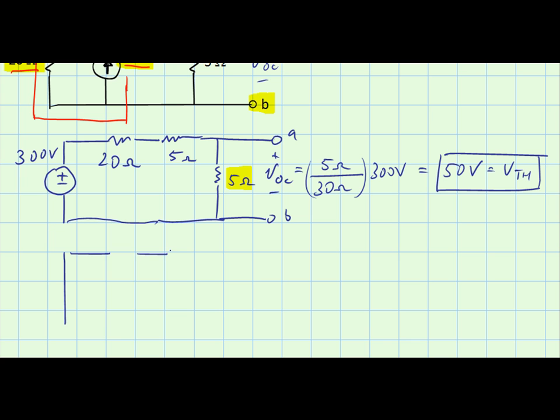Leave all the resistors in. And so we're left with a 20 ohm resistor in series with a 5 ohm resistor. And that combination is in parallel with another 5 ohm resistor.